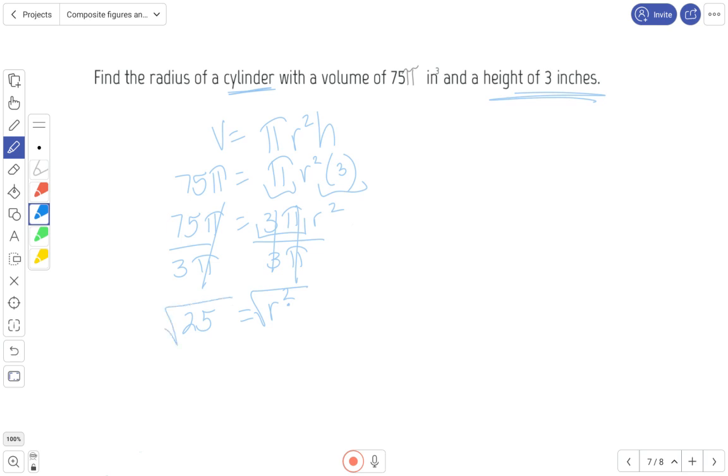So the square root of 25, you actually get a positive and a negative 5, but we're talking about the distance of something, so we can't actually have a negative distance. So when we find our answer here, it's going to be the positive root. So it's going to be 5 inches.